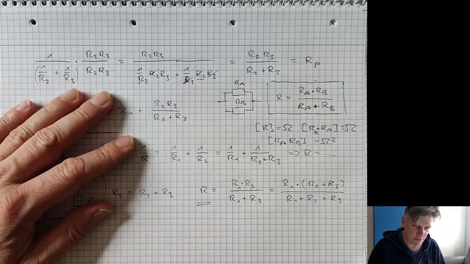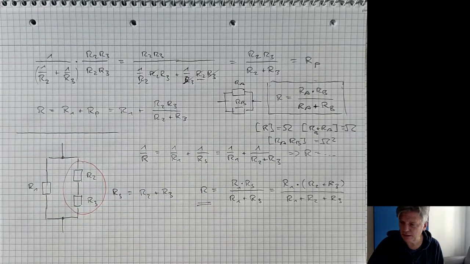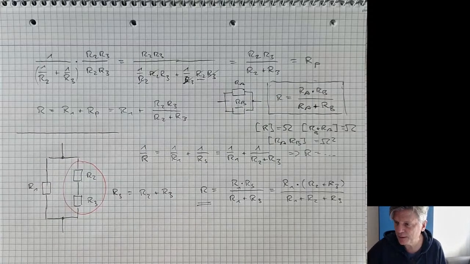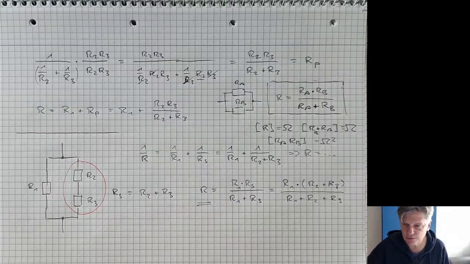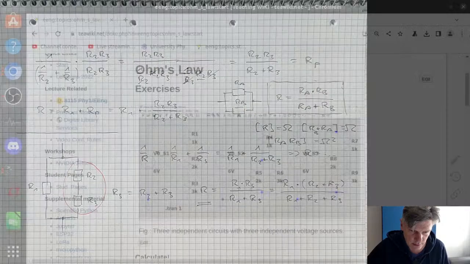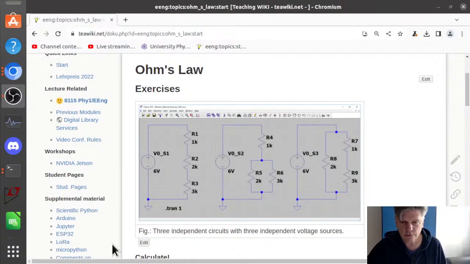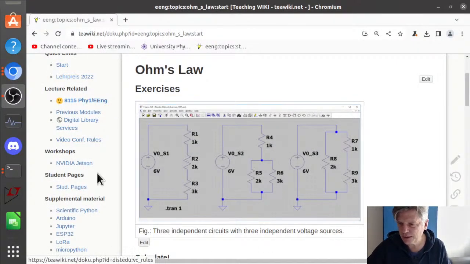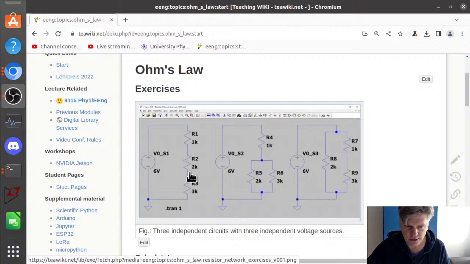With these simple examples, you can calculate more complex examples, and I provided some. So that is this example here. You see here 3 different resistor networks with 3 different voltage sources.